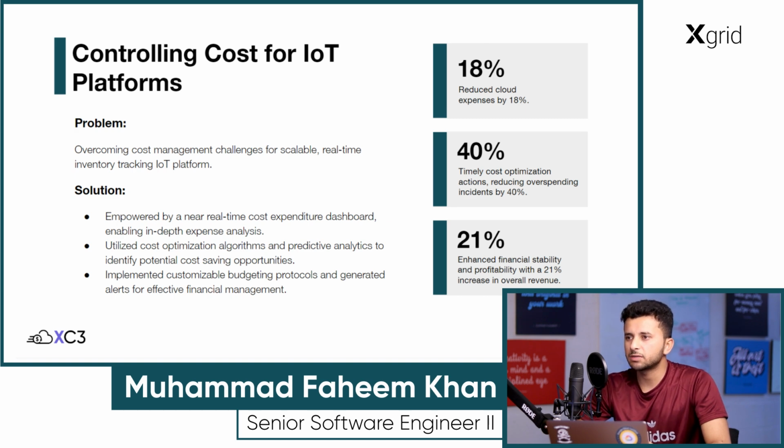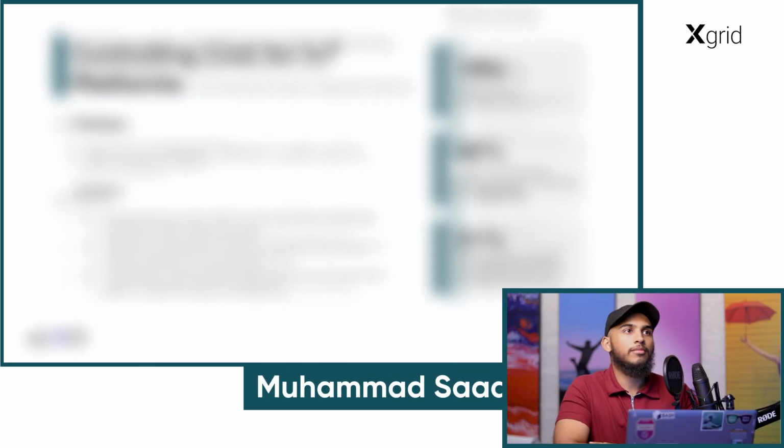I would love to mention some of the strategies that we used. First of all, we identified underutilized resources and then effectively implemented auto-scaling and cost-saving plans for their compute resources. With this, we were able to cut a big chunk of their cloud expenditure. We also implemented another key strategy. We turned off the non-critical workloads on their weekends. XC3 comes with these automatic cost estimation and optimization strategies, avoiding manual and hectic processes.